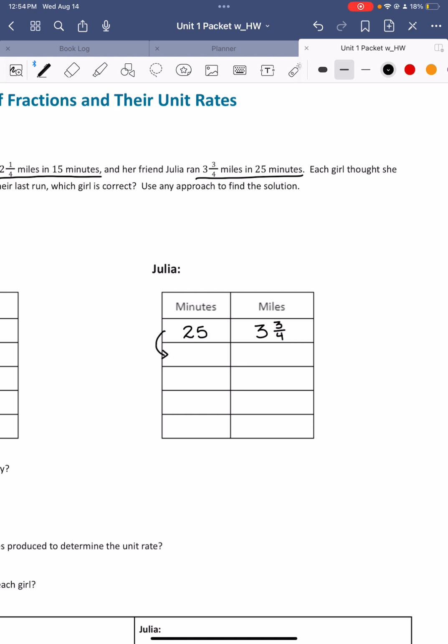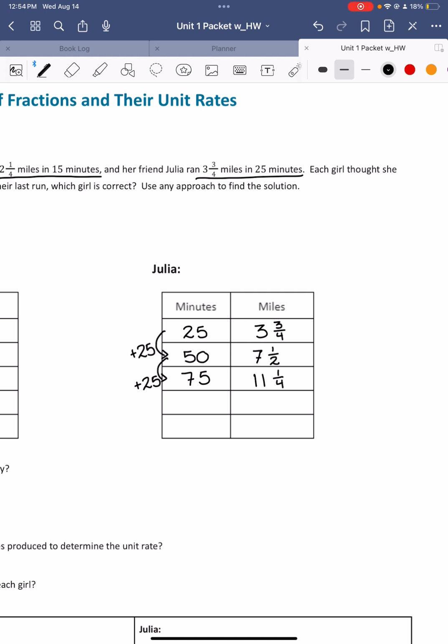To fill in the rest of my table, I'm just going to add 25 minutes because I know her rate every 25 minutes. So 25 plus 25 is 50. And you can use your calculator for this. So 3.75 plus 3.75 is going to give me 7.5. I'm going to add an additional 25 minutes, which brings me to 75 minutes and 11.25.